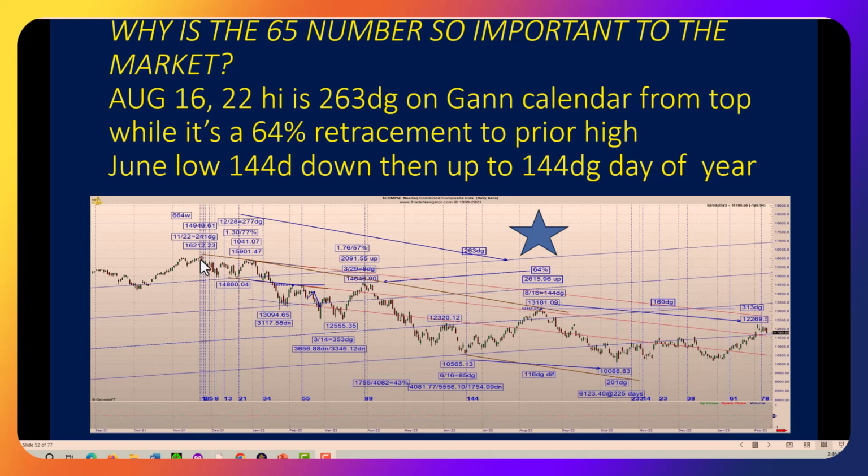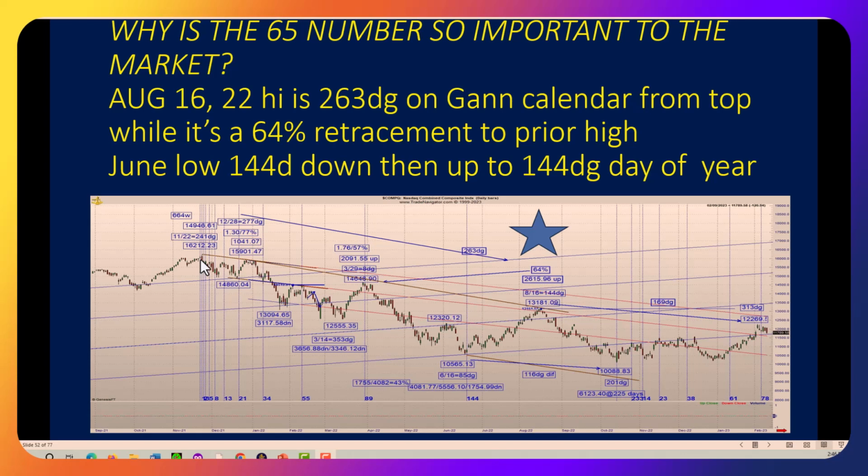The NASDAQ top in November 2021 was 664 weeks up from the bottom in 2009 with a low price of 1265. And some of you might know that the low price in the SPX was 666.